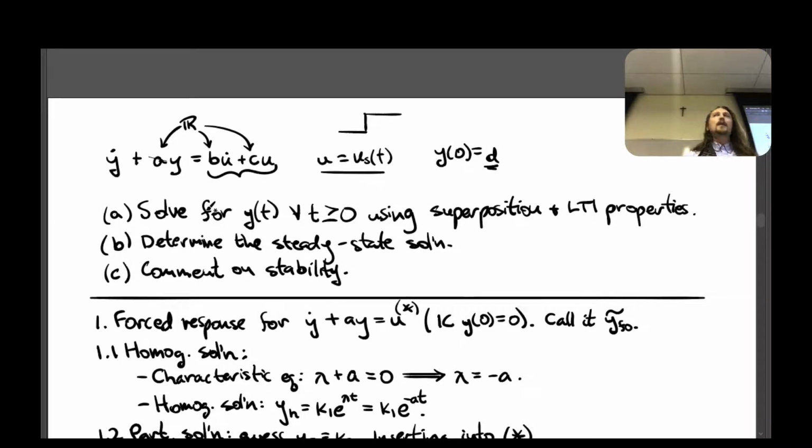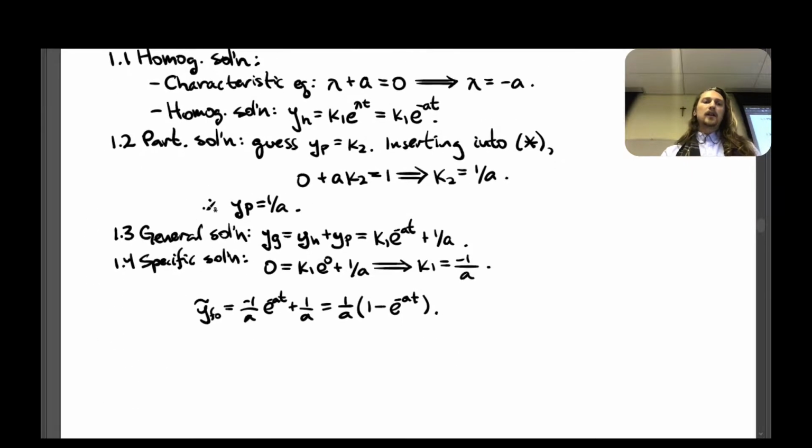But this is where we're going to use the principle of superposition and the derivative property of LTI systems. So what we can do here, in part 2, is solve for the entire forced response.